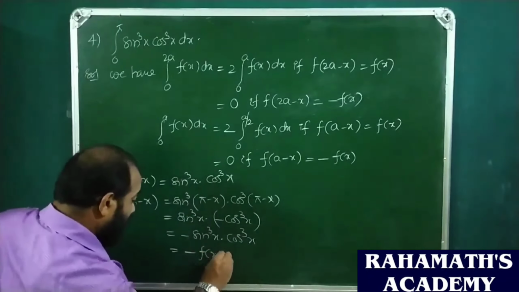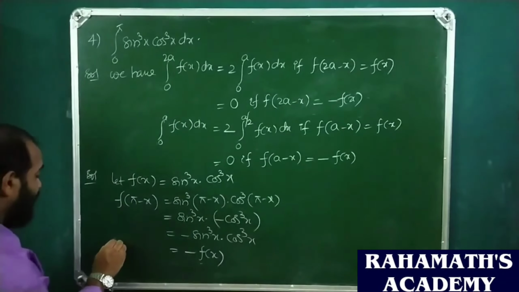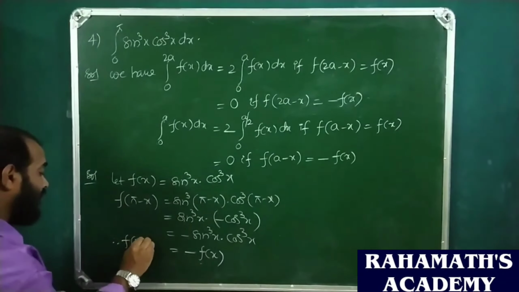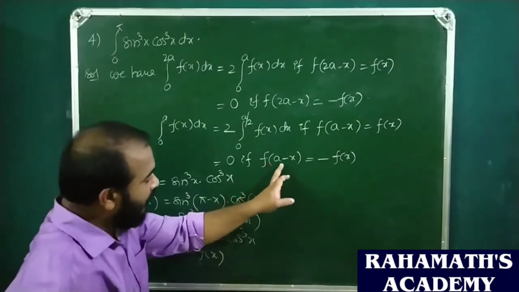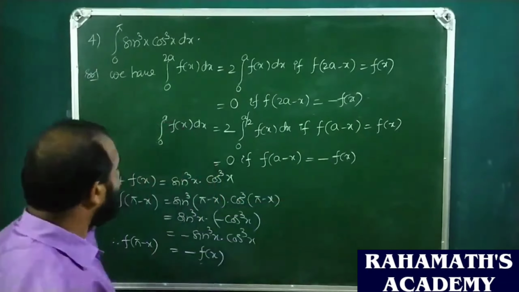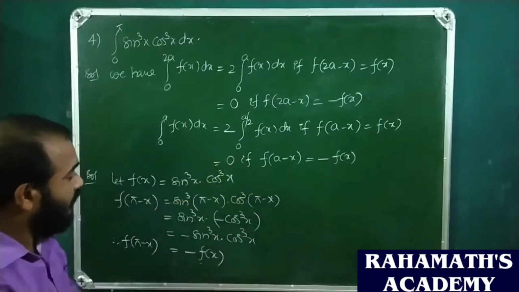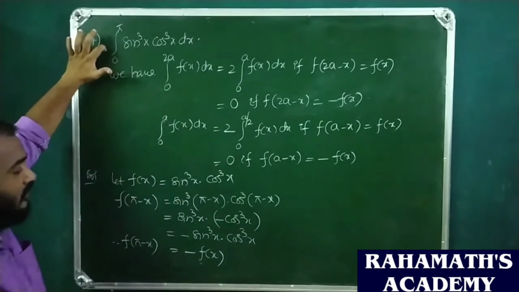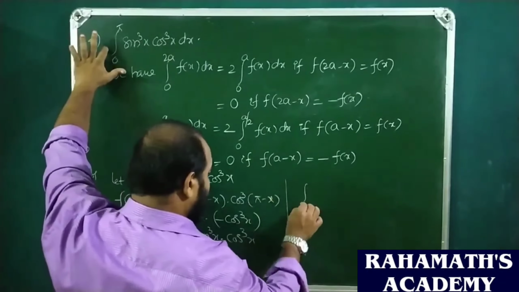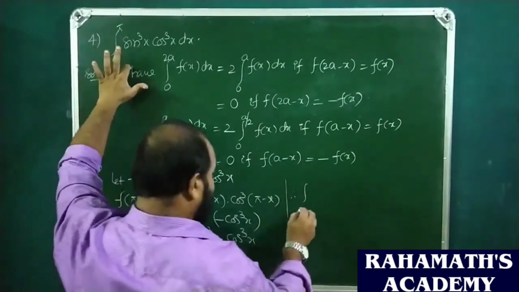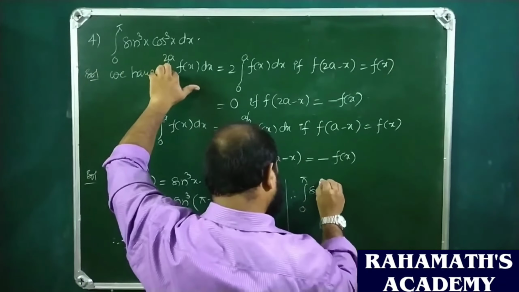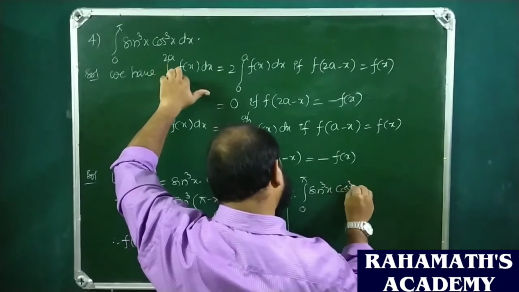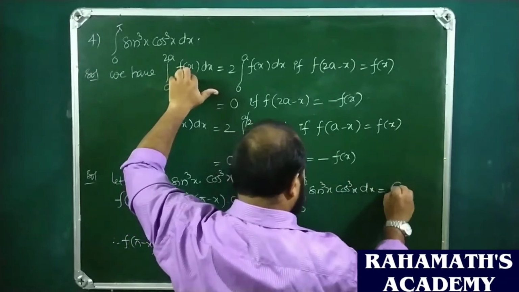Therefore f of pi minus x is minus f of x, that means f of a minus x is minus f of x, then this value is 0. Therefore integral 0 to pi sin cube x into cos cube x dx is equal to 0.